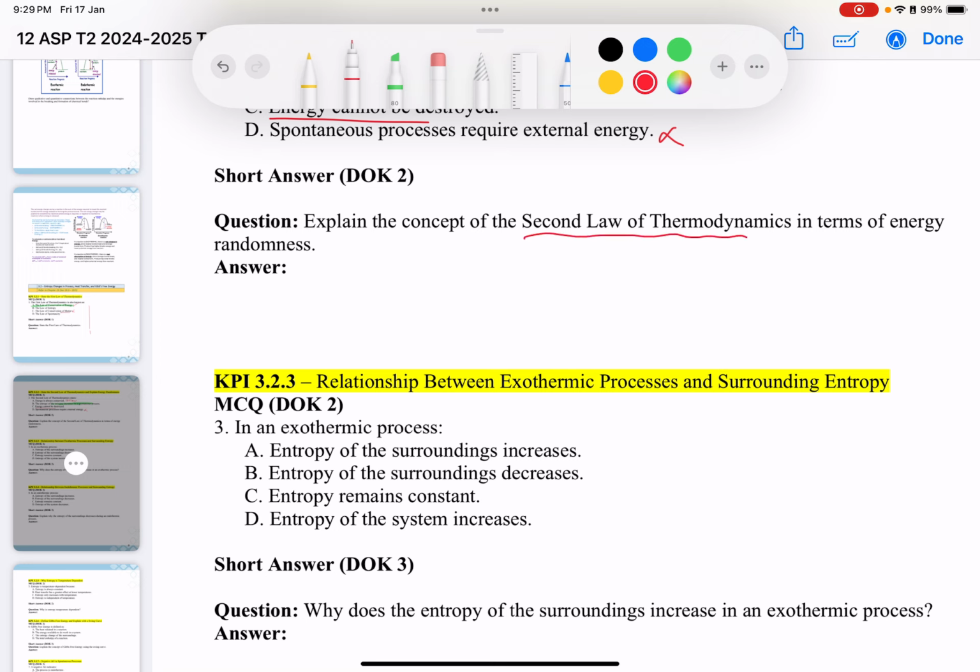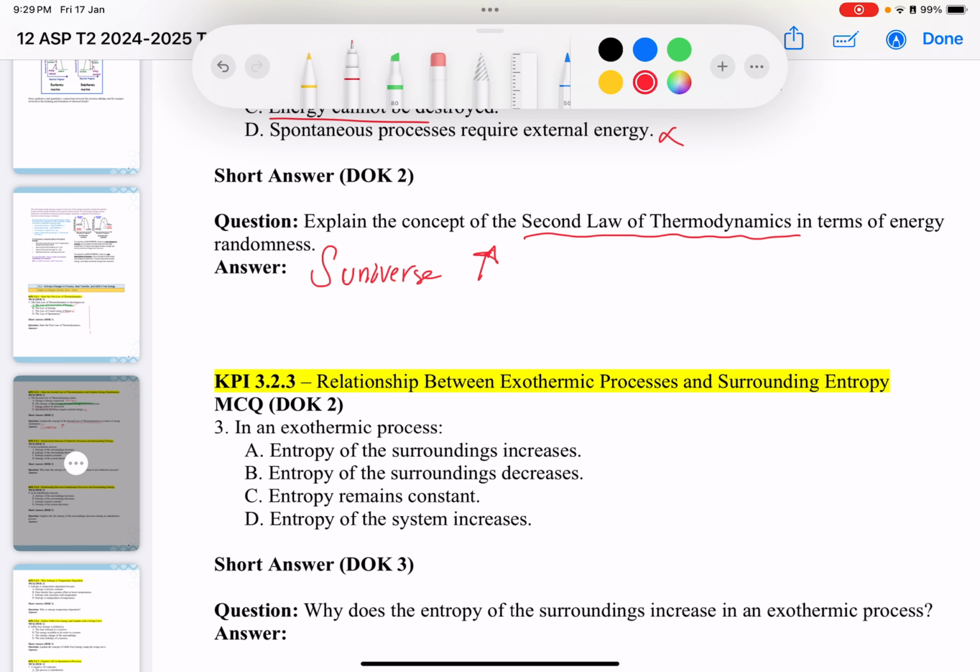Explain the concept of the second law of thermodynamics. Since we're saying that the entropy of the universe is increasing, keep in mind that any process, when it happens, adds more randomness to the universe, more disorder to the energy distributed in the universe.